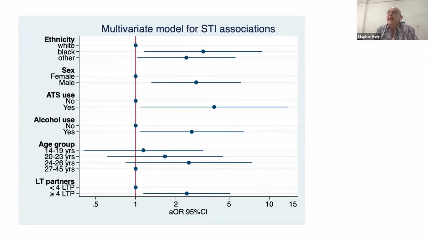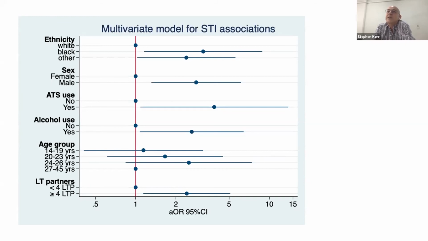So if we look at our multivariate model now for STI associations, and this is a model that includes age group, we can see that there is an effect of ethnicity. We also see that the males have a higher risk than females. The ATS use group has an increased risk of having an STI, but the confidence intervals are quite wide.